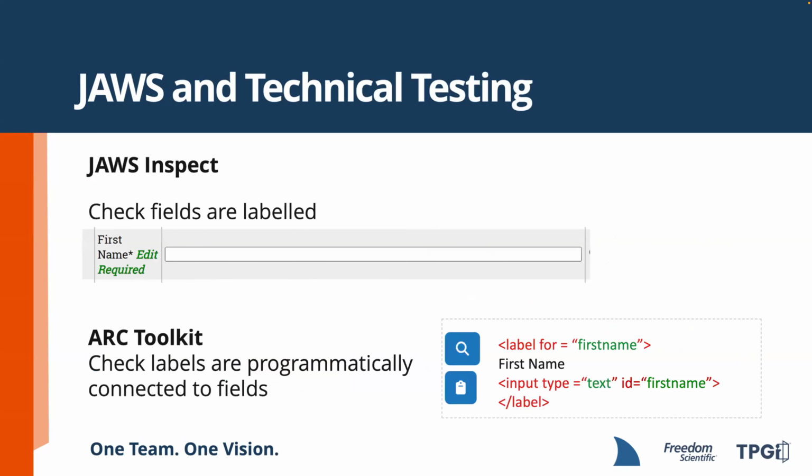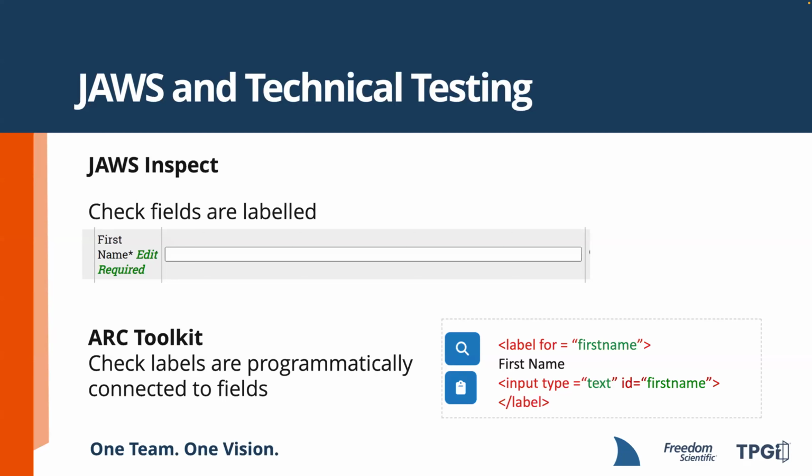And here's another example, JAWS Inspect looking at fields in a form, and you've got a form here with first name as a label, edit required. That is what JAWS is announcing for this particular text field. It's the first name field, and the helper text tells us it's an edit box and it is a required field.